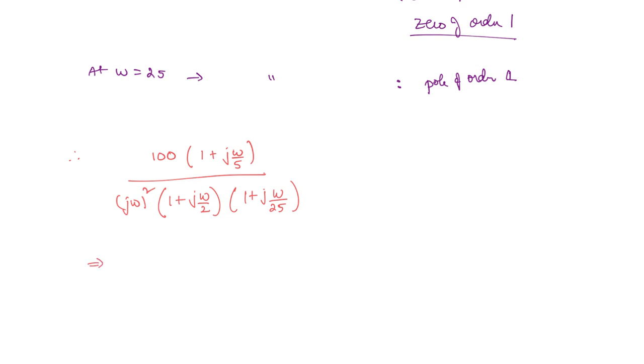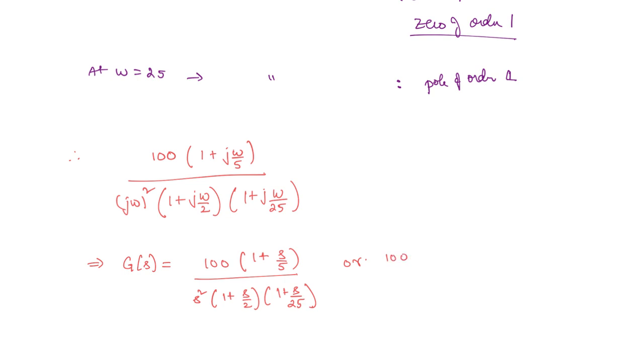So now you can also further write in terms of s. Wherever there is j omega, you write s. So you're going to get 100 into 1 plus s by 5 divided by s square into 1 plus s by 2 into 1 plus s by 25. This is the time constant form. You can also write in the pole 0 form. What will it be?